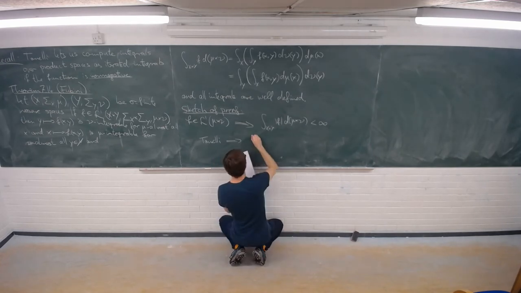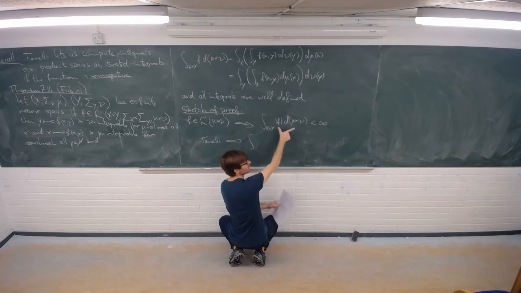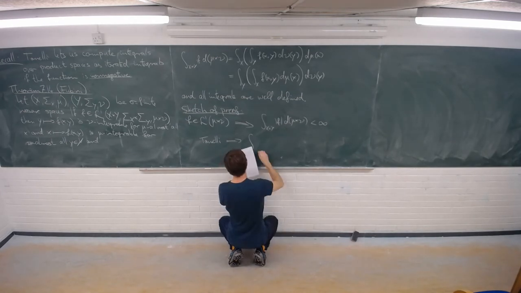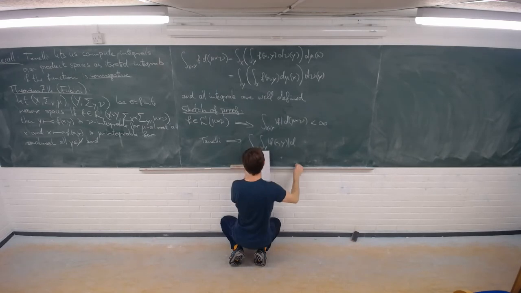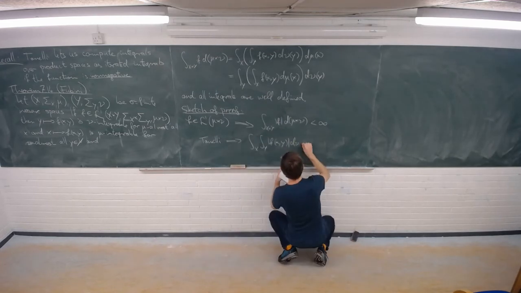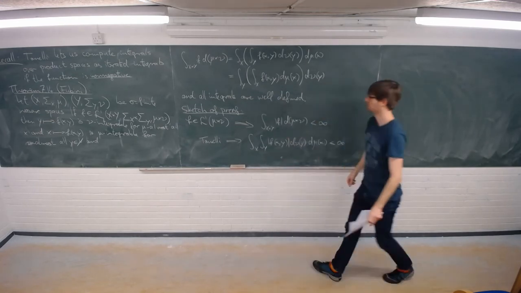But this is finite, so the iterated integrals also have to be finite. So the integral over x of the integral over y of the absolute value of f of x, y, d nu of y, d mu of x is finite.